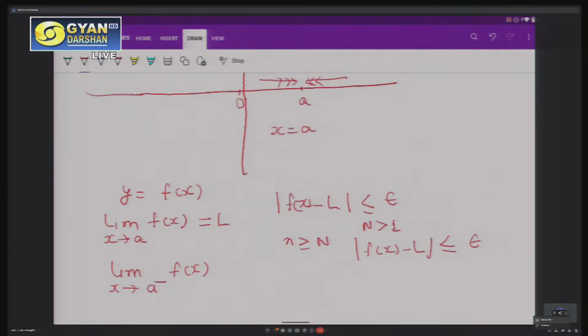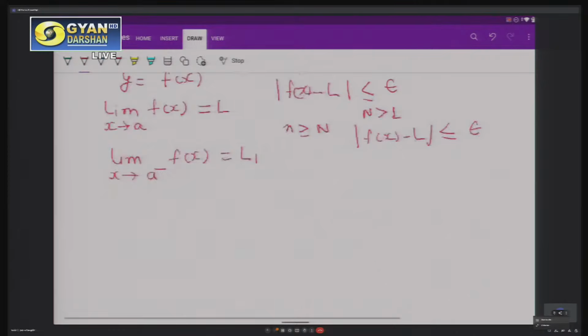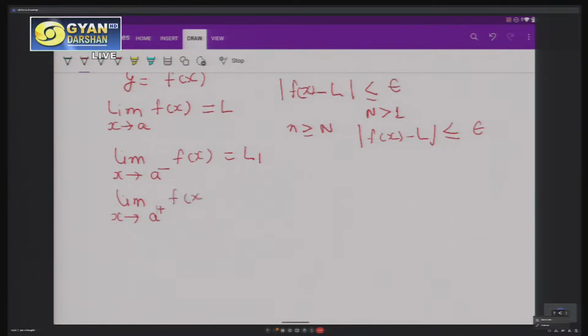Let us say it is equal to L1. And if you are approaching a from the right side, where will f(x) tend to? Let us say L2.